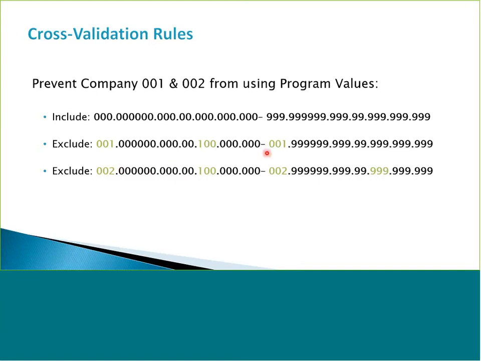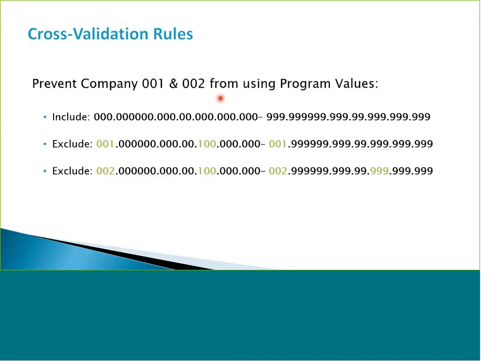For example, assuming that we had that company I am talking about, the school, in our chart of accounts, we would have company 01, then Mascani School as company 02, and then Mascani Property Manager as company 03. So company 01 and company 03, we don't want them to use these program values. But company 02 can use these program values because it is the Maskani school, and so those program values make sense for it.